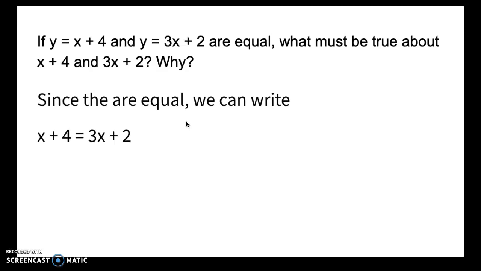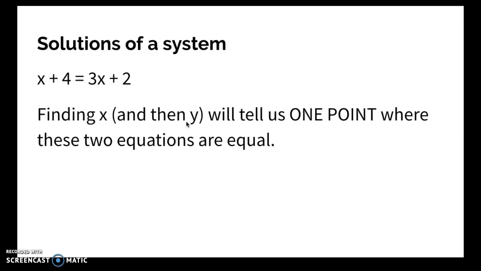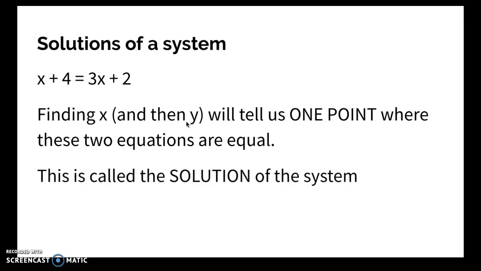If we find x, we can rearrange this equation and use that x to find our two y's, and we should get a single point. That will tell us where these two equations are equal. The point, an xy point where two equations are equal, is called the solution of the system.